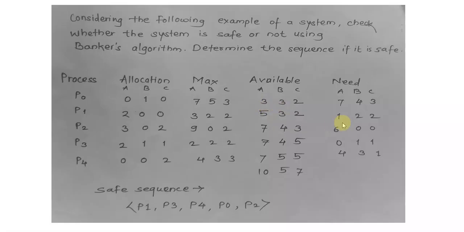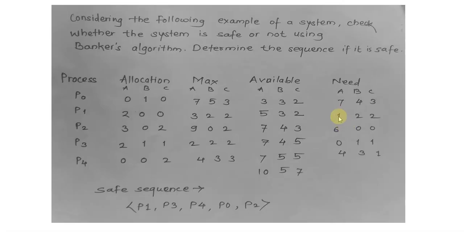So here we can write P1 in the safe sequence. Why? Because we can easily allocate the available resources to the process P1. So here we have written P1 in the safe sequence.